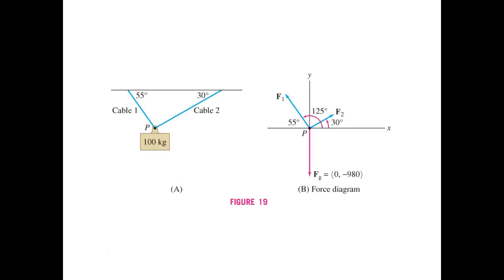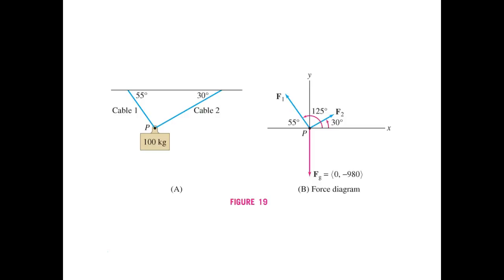And it's downward, so that's where the negative comes from. Doesn't have a horizontal component, only a vertical component. So the force downward, FG, would be 0, negative 980. 100 times 9.8, negative because it's down.